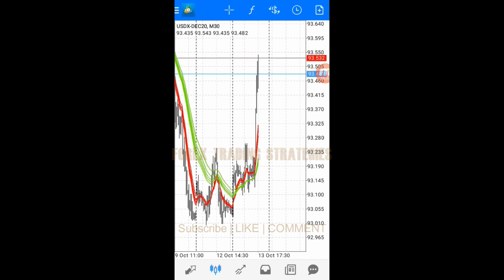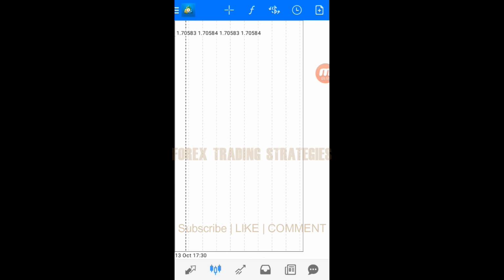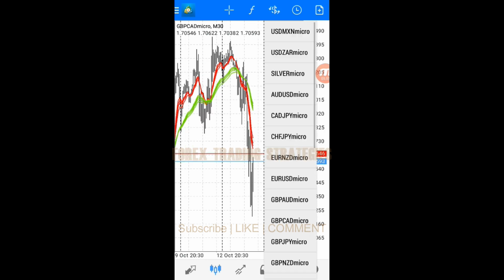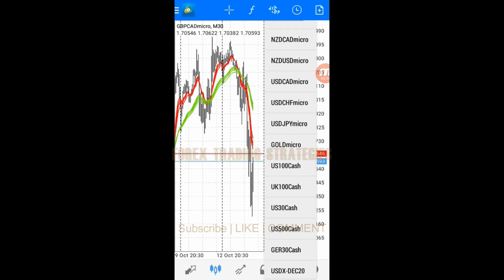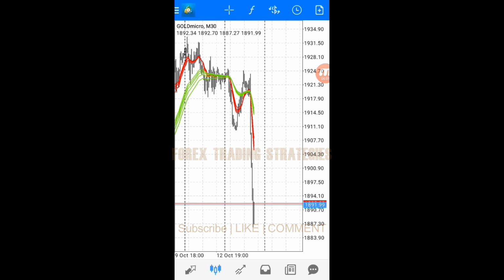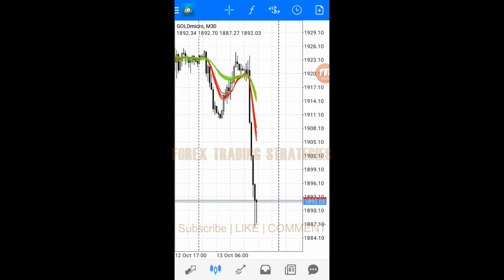Now, what are we expecting? Obviously, gold, for example, should be very bearish. Let's look at the chart. Let's look for gold. This is not rocket science, guys. There's gold. Gold dropped massively.